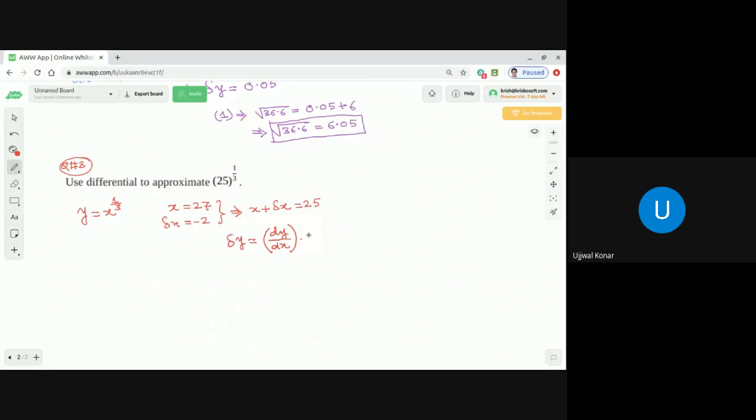Delta y is equal to dy dx into delta x. Now, what is dy dx? y is equal to x to the power 1 by 3. So from here we can find dy dx very easily, dear students. If y is equal to x power 1 by 3, then what will be the value of dy dx, dear students? Tell me.